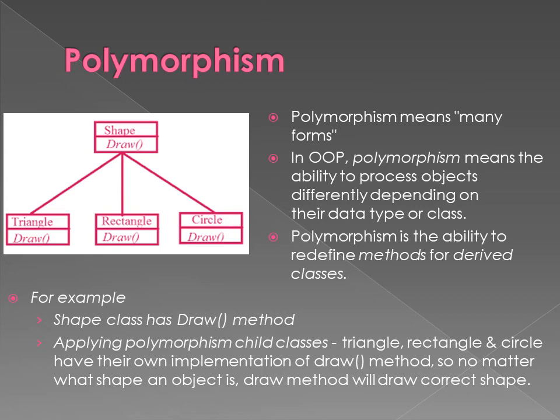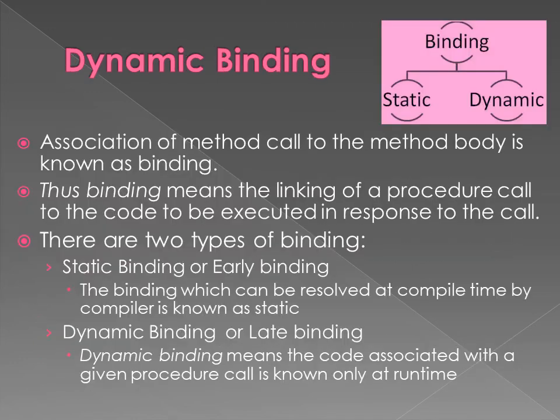And when the draw method of the circle class is called, it will draw a circle. Thus, no matter what shape an object is, the draw method will draw the correct shape. This is what is known as polymorphism. We will be covering polymorphism in detail in coming videos as a separate topic.